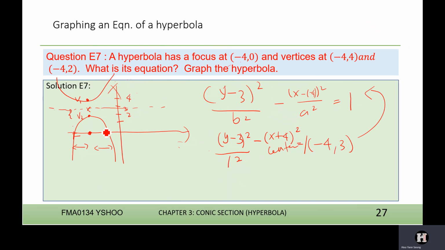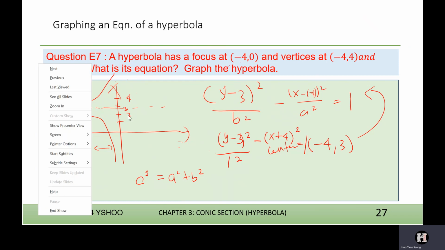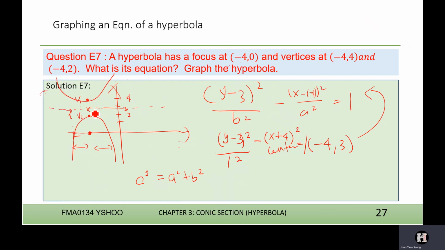But they provided you the focus. So what is the focus? The length of the focus is c. So you straight away recall c square is a square plus b square. What is the c over here? It is the length from your center to the focus.